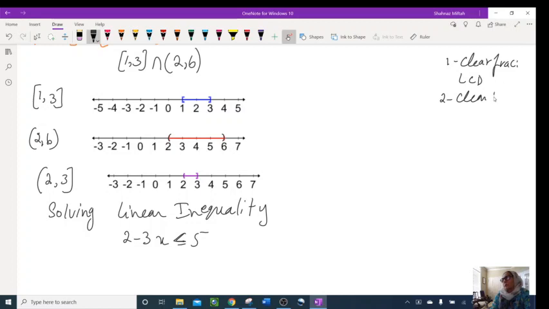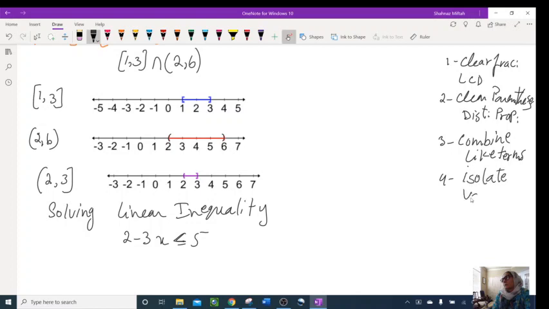Second, clear parentheses using distributive property. Third, combine like terms. Four, isolate the variable.